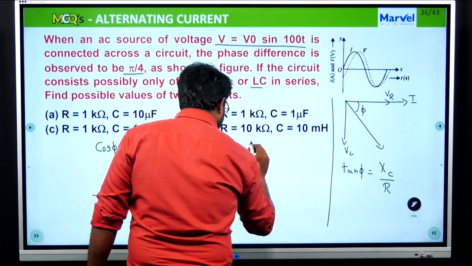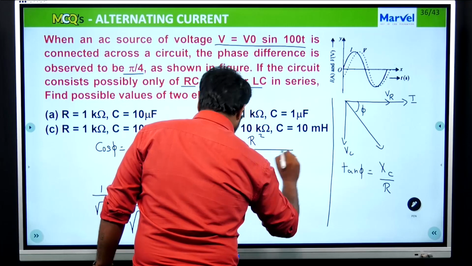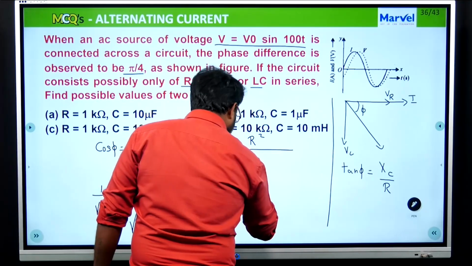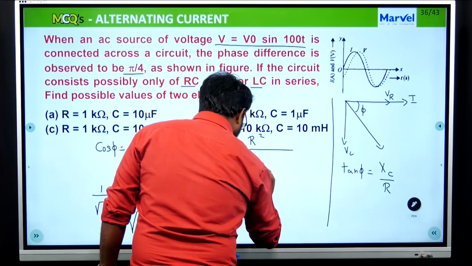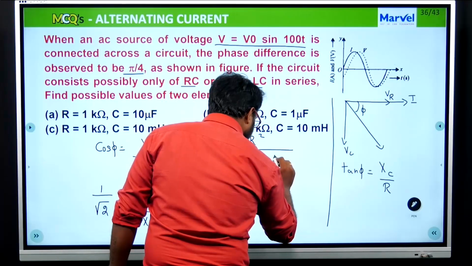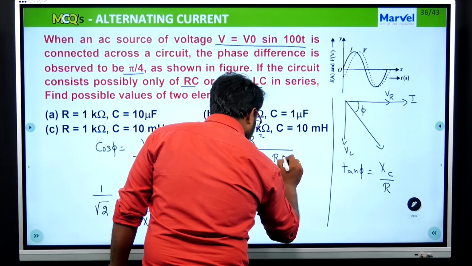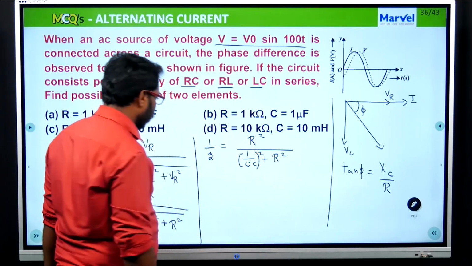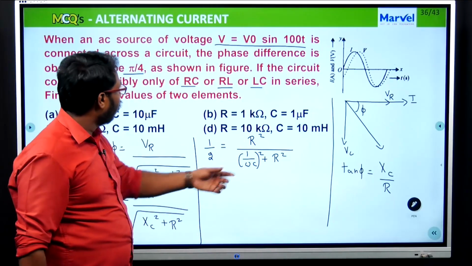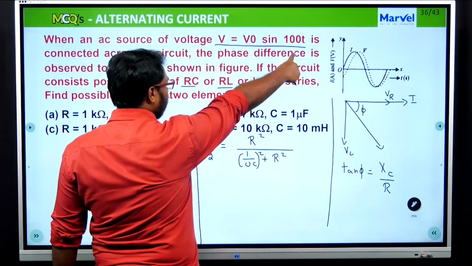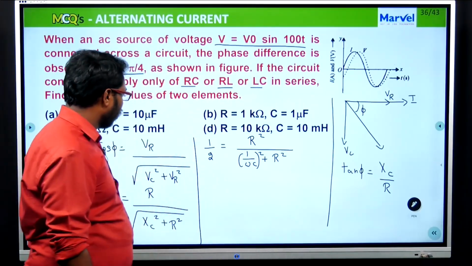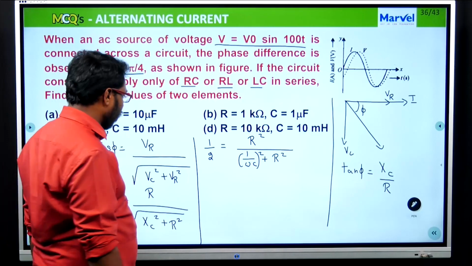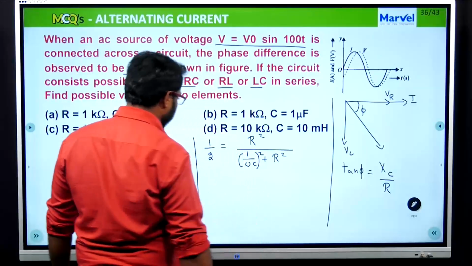So 1 by 2 is equal to R squared divided by, XC being 1 by omega C, the whole squared plus R squared. What is omega in here? Omega is nothing but 100, and C is what we are supposed to find.